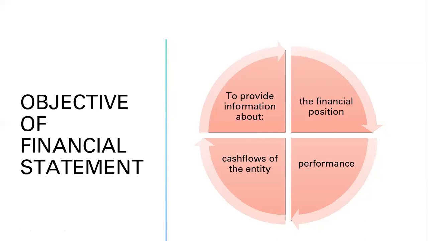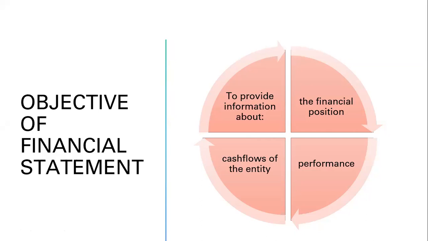Okay, so a financial statement is made up of 5 elements: the statement of financial position, the statement of comprehensive income, the statement of changes in equity, the statement of cash flows, and the notes to the financial statements. These 5 elements make up the financial statements.